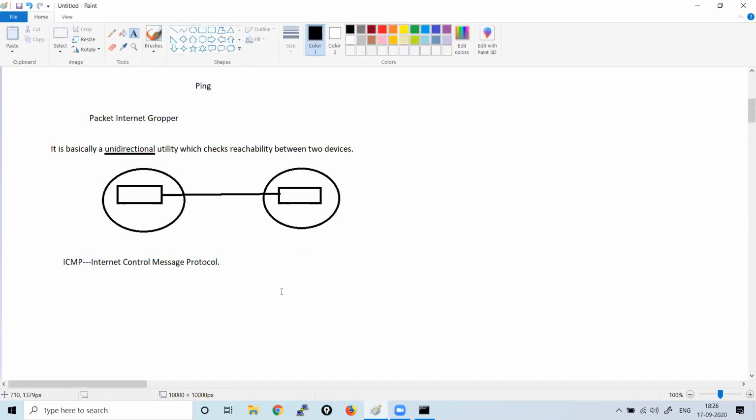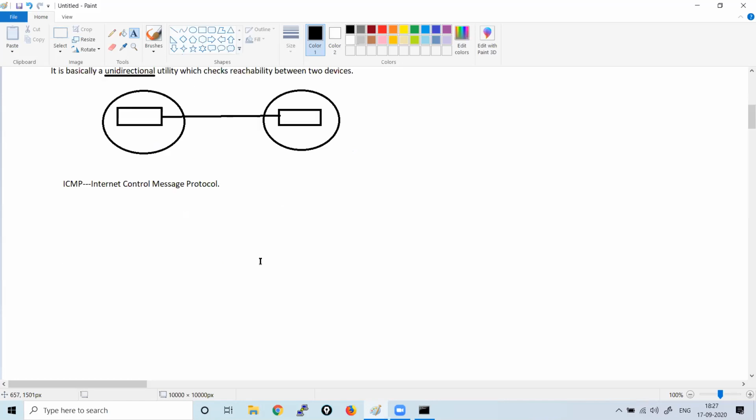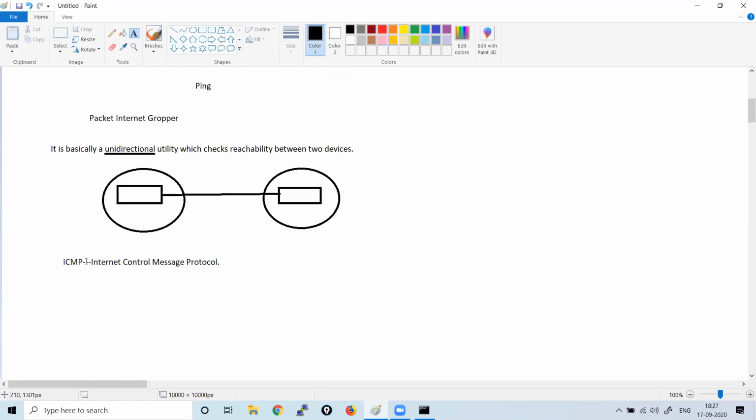I have told the definition of ping, that it is checking the reachability between two devices. The question is, how does it do that with the help of ICMP? So the PC will call the protocol named ICMP whenever this command is entered.